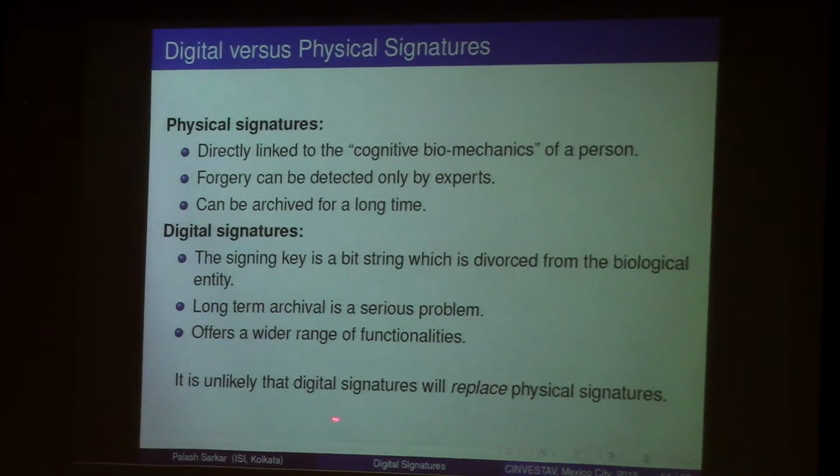So it's unlikely that digital signatures will completely replace physical signatures. There are scenarios where physical signatures are going to be important. But of course, digital signatures offer a wider range of functionalities. There is a digital signature zoo, a lot of things that one can do with this new promise.